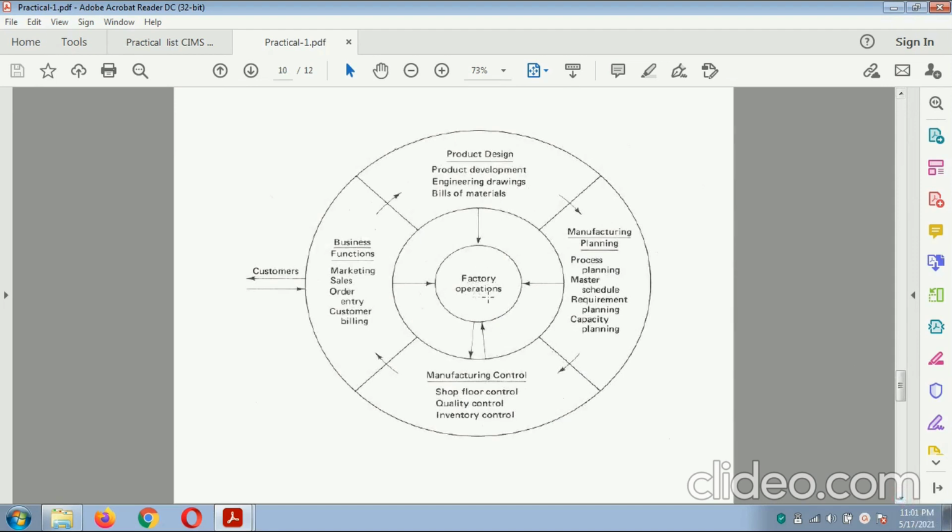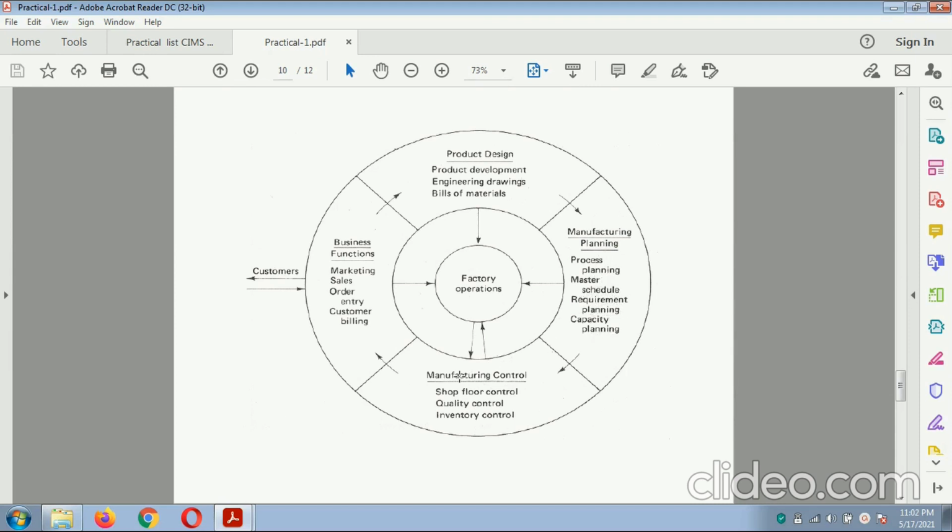Factory operations can be correlated with the business function, which includes marketing, sales, order entry, customer billing. The product design includes product development, engineering drawing, bills of material. Manufacturing planning includes process planning, master scheduling, requirement planning, capacity planning.